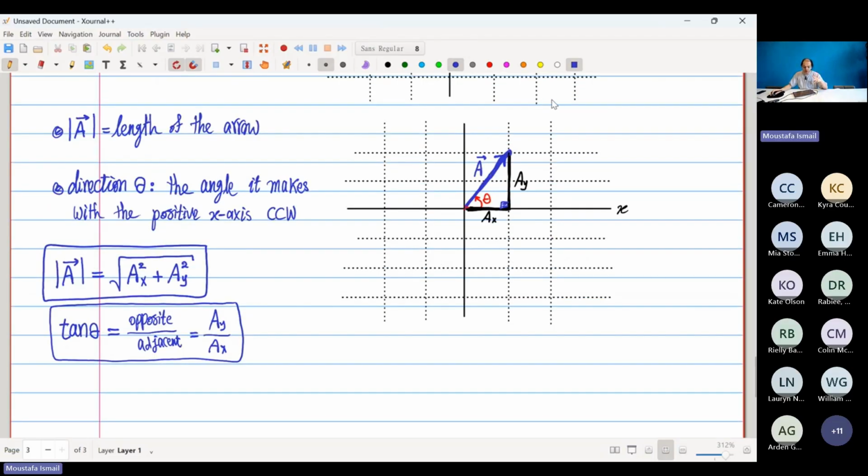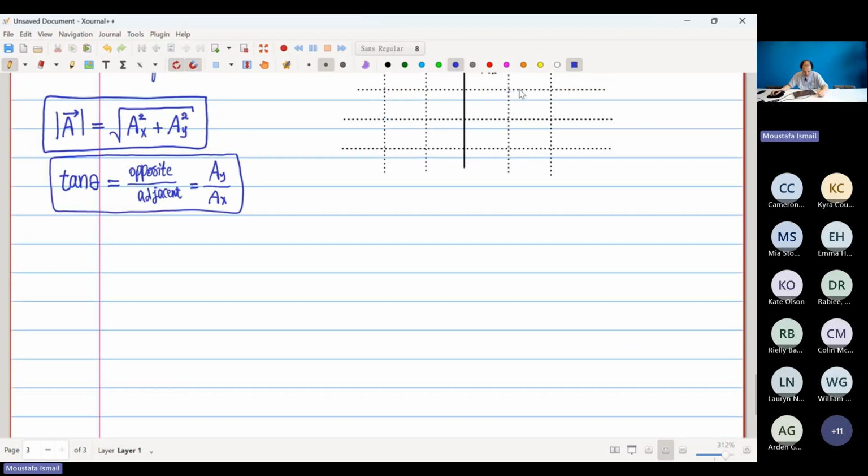What if we want to do the reverse? What if we are given the magnitude and angle and we want to get the components? Well, let's assume we have the vector here.